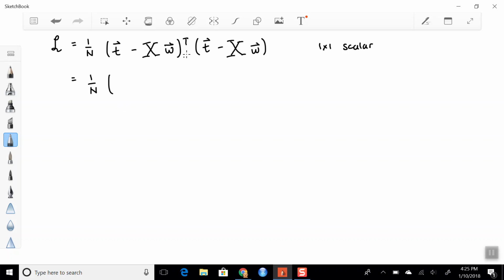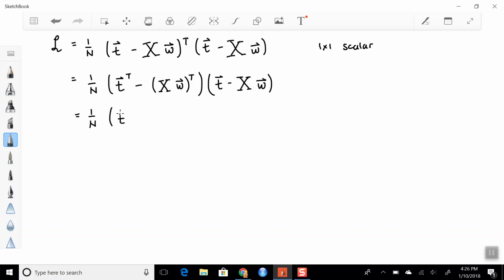Using the properties of transposes, this is going to become t transpose minus xw transpose, okay, times t minus xw. And then now we have to expand all of this multiplication, which is a little bit crazy, but it's okay.